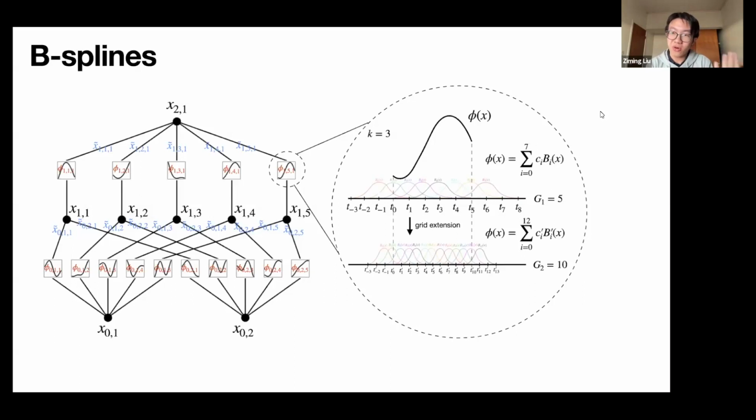For example, if you use Fourier, then you learn a sine function. You actually don't know whether it's really a sine function or whether it's because you put in the inductive bias by using the Fourier basis. But if you are using B-splines and you still see after learning it's a sine function, then you're quite confident that it must be something meaningful. I will show an example to illustrate this later.